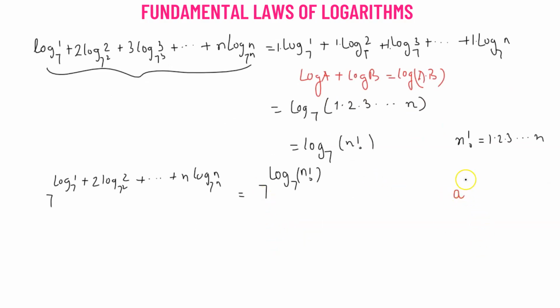That means if we have a raised to the power of log of b with a base of a, here the base of the exponent and the base of the logarithm are both the same, so this expression reduces to b. In that case we have the base of the exponent as 7 and the base of the logarithm as 7. They are equal, so our expression reduces to n factorial. So this is going to be the value of the given expression.